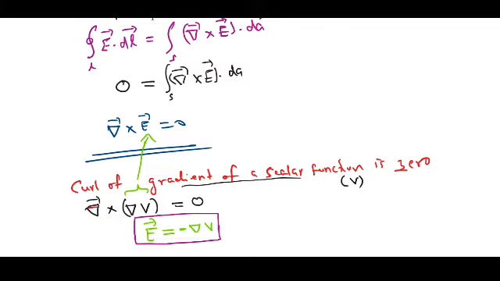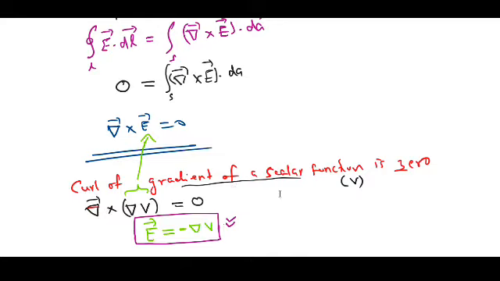The reason for the negative sign I have already explained in the Helmholtz theorem session. Therefore, the electric field can be written as the negative gradient of the potential. In the next topic, electric potential, we will once again discuss this expression.